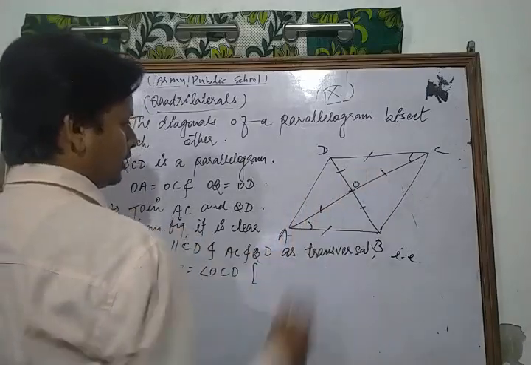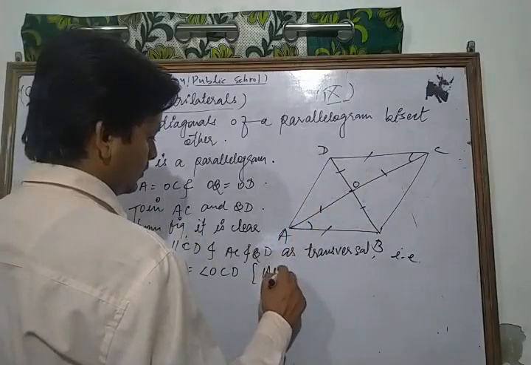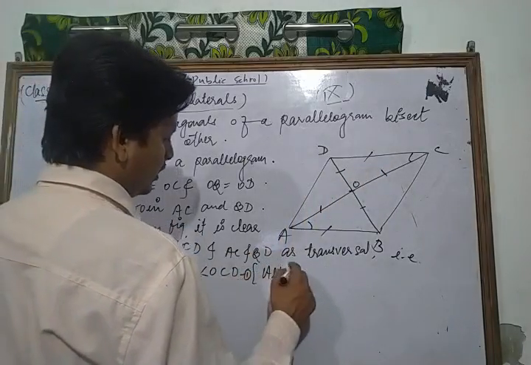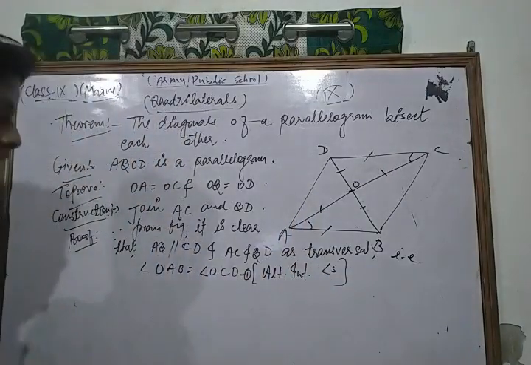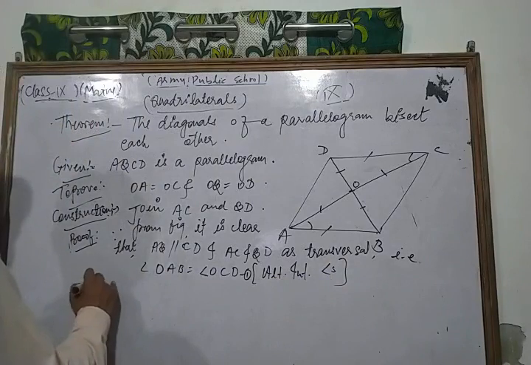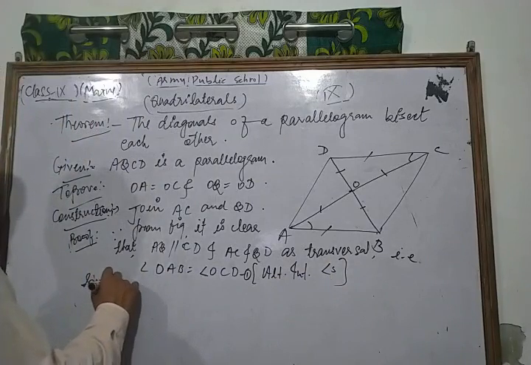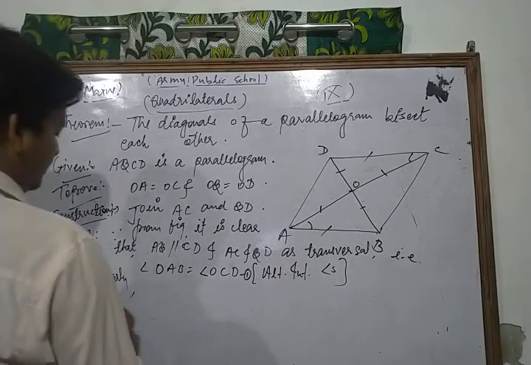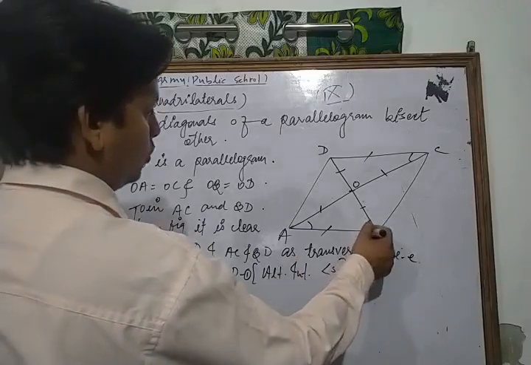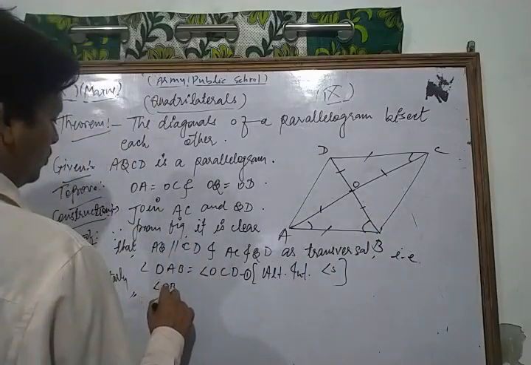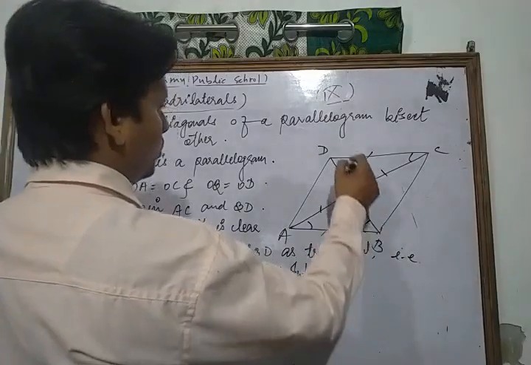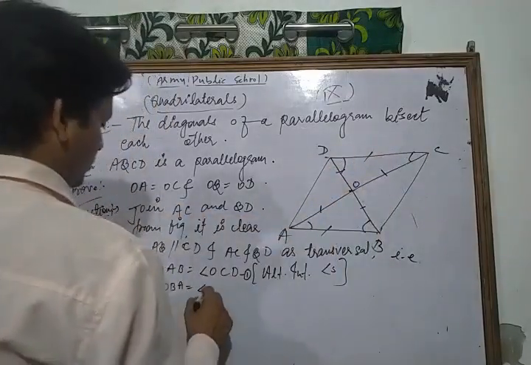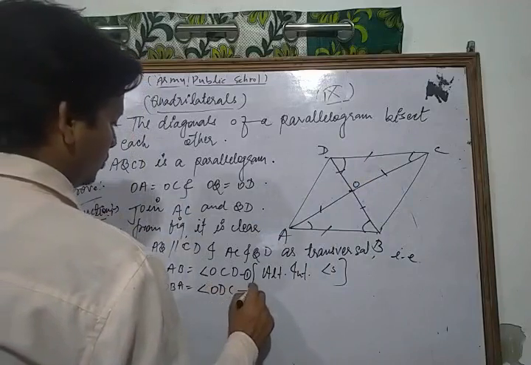These are alternate interior angles. Take this as equation number 1. Similarly, angle OBA is equal to angle ODC. Take this as equation 2.